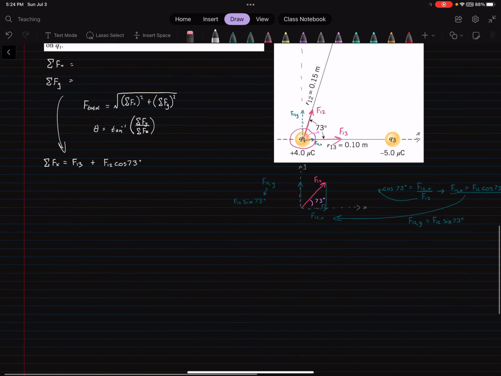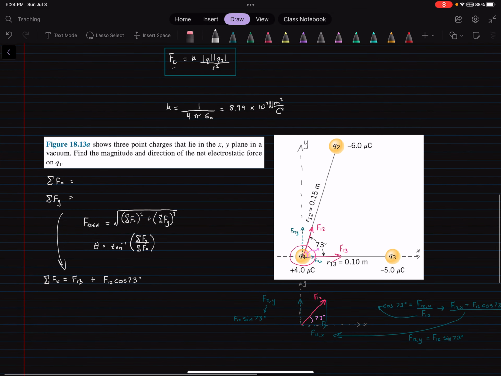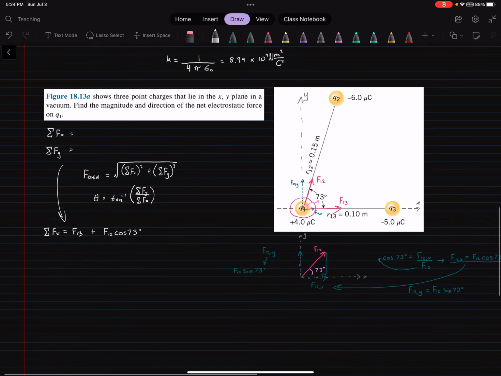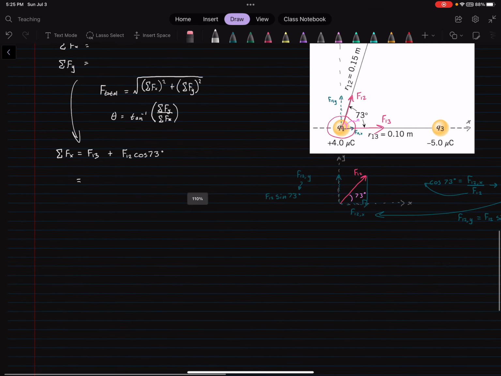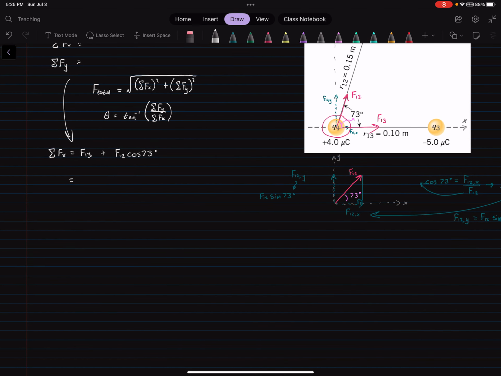All right, and now we can go ahead and apply our Coulomb's law to figure out what those exactly are. So F13 will be equal, I'll just keep it all in the same calculation here, to k times q1 times q3 divided by r13. They give us this distance here, r13.